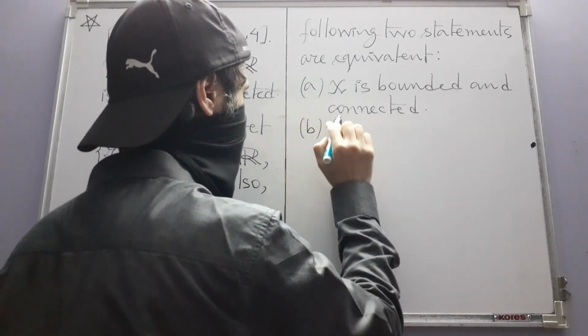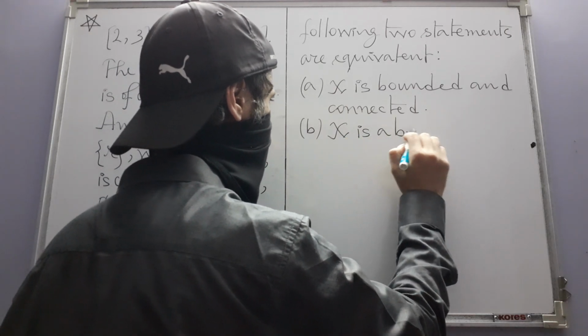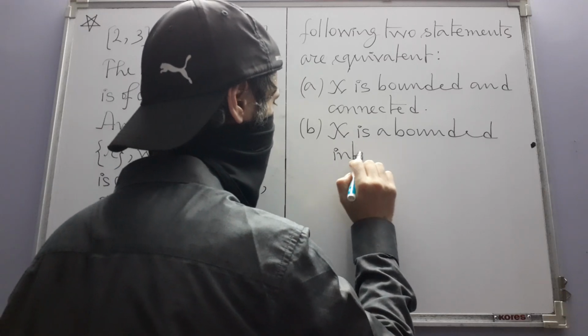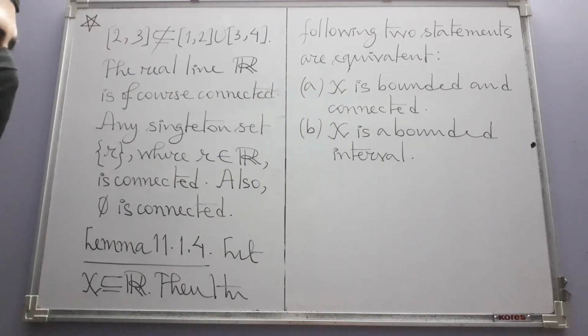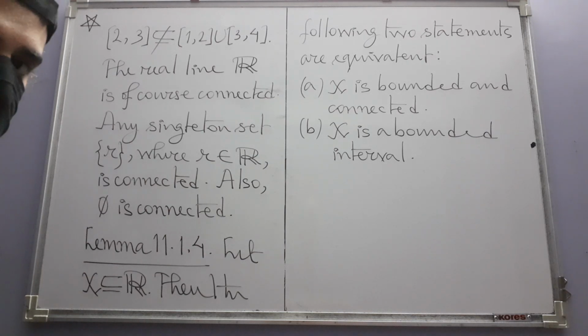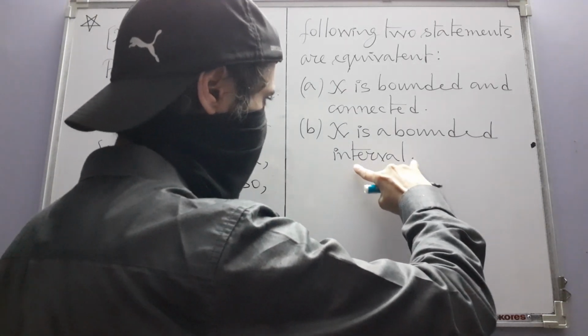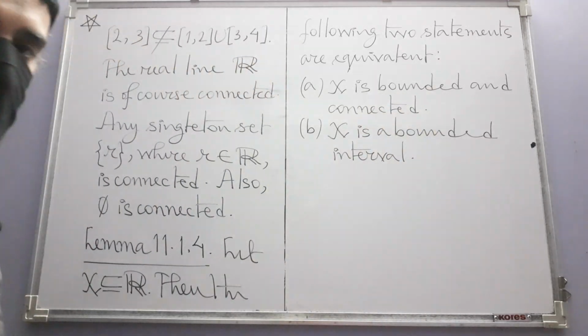And the second statement is X is a bounded interval. Because of this equivalence, in order to prove that X is a bounded interval, it's enough to show that it is bounded and connected.